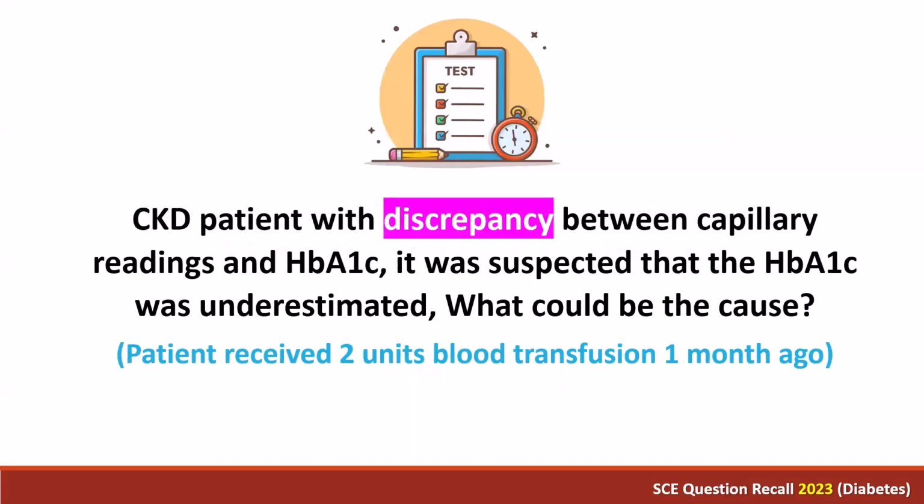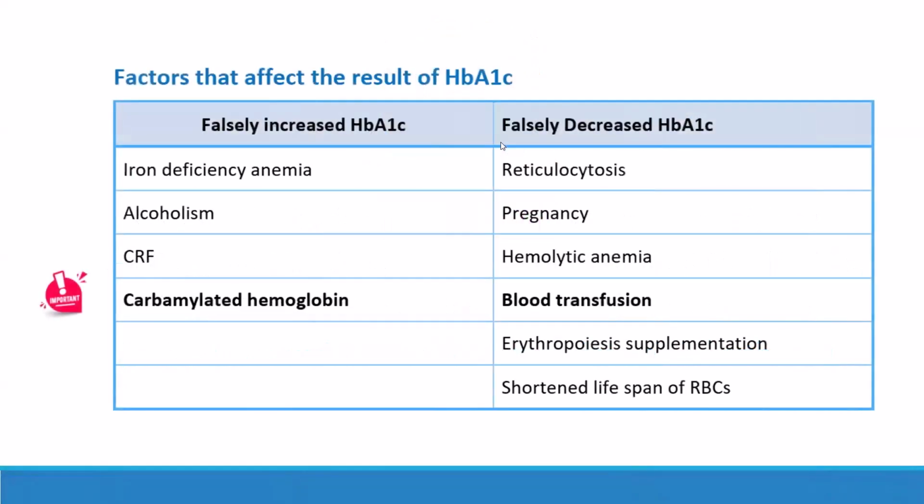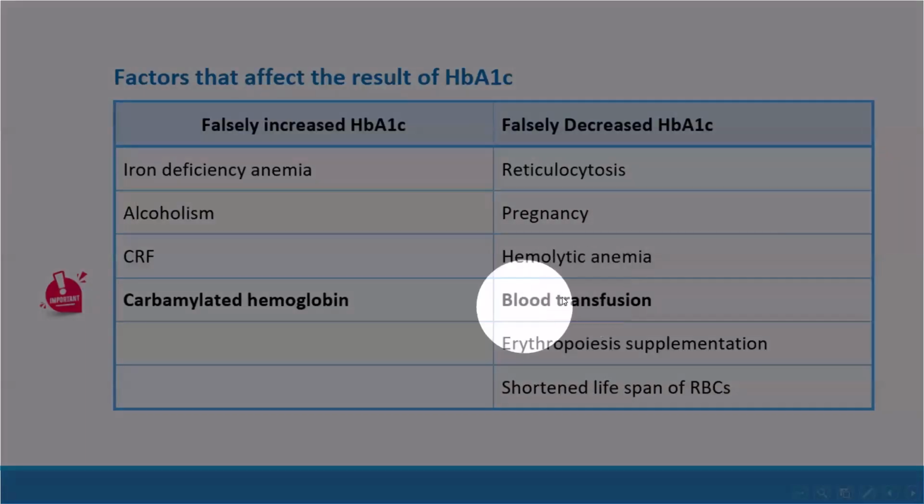If we have a patient with chronic kidney disease and there is a discrepancy between capillary blood glucose and hemoglobin A1c, why is this? There is a discrepancy because if the patient received a blood transfusion, it will cause falsely lower hemoglobin A1c. If the patient has erythropoietin therapy, it will cause a falsely lower hemoglobin A1c, and so on. And as I mentioned, these are the factors affecting hemoglobin A1c: blood transfusion, erythropoietin therapy, hemolytic anemia, reticulocytosis.